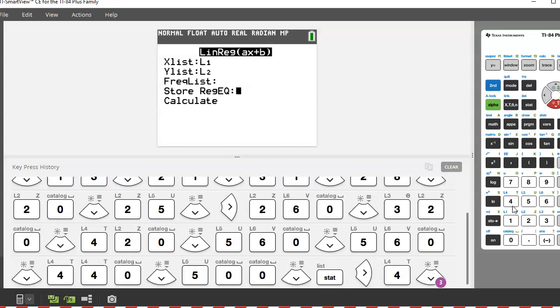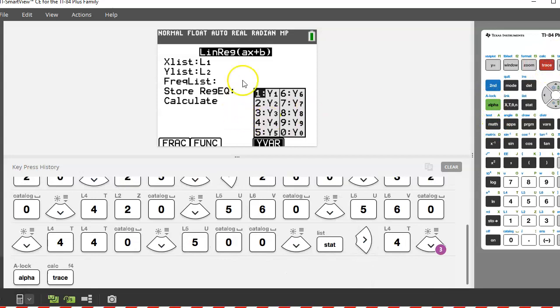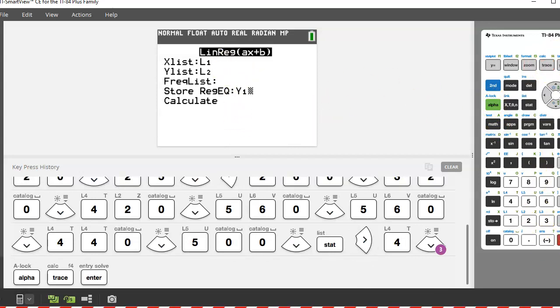Then in your calculator, you're going to store it. So once you get down to store, hit alpha trace, choose one of these, it doesn't matter which one. And then hit enter. And you should get these two numbers.